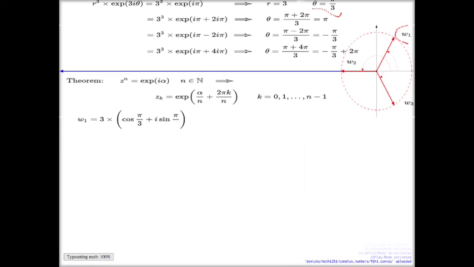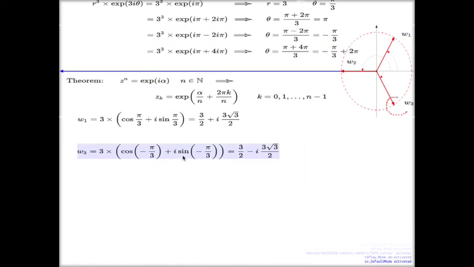In trigonometric form, if I replace cos and sine with the values which we know, that's the value of W1 in the Cartesian form. This is the W3 value, angle negative pi over 3, and that's the W2 value, angle pi. These are the 3 solutions in Cartesian form for my equation.